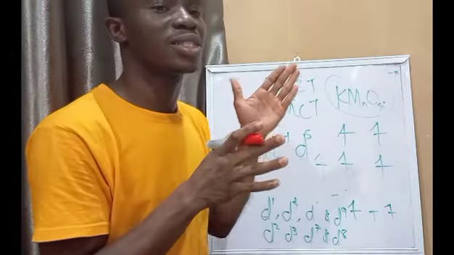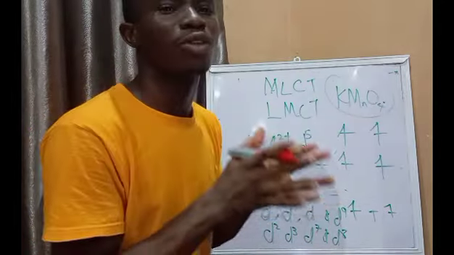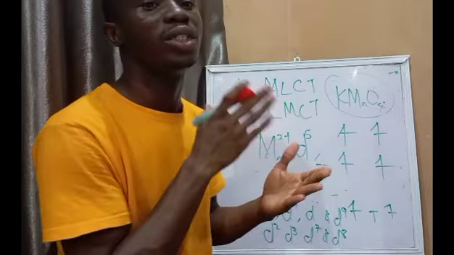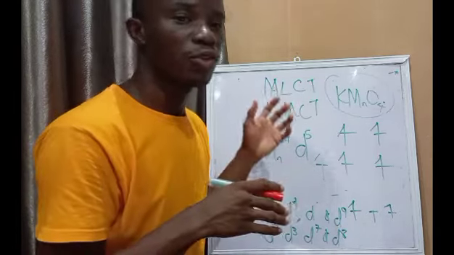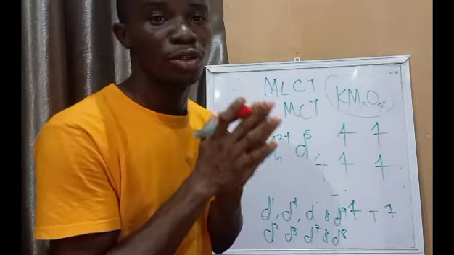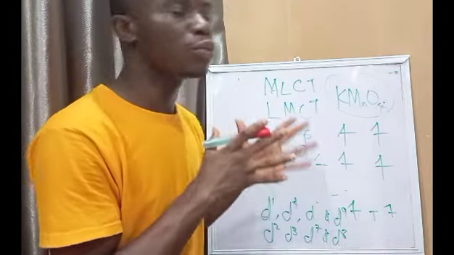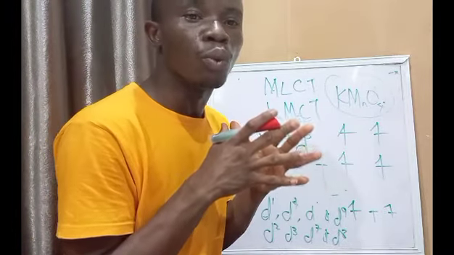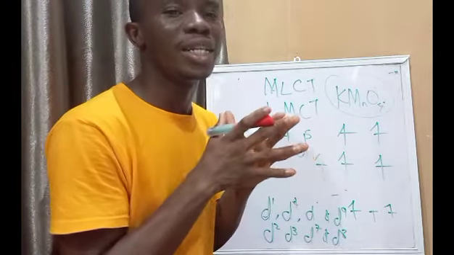I said that the absorption band for a charge transfer transition is usually between the visible region and the ultraviolet region.